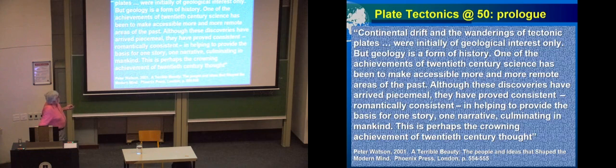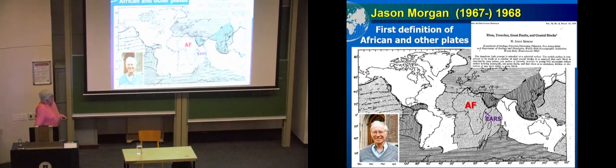You can read the quote here, but he talks about the discoveries of earth science having arrived piecemeal, but they provided what he calls a romantically consistent story. One story, one narrative culminating in mankind. And he describes it as perhaps the crowning achievement of 20th century thought. And so that's a plug for what we these days call earth system science, and it's important.